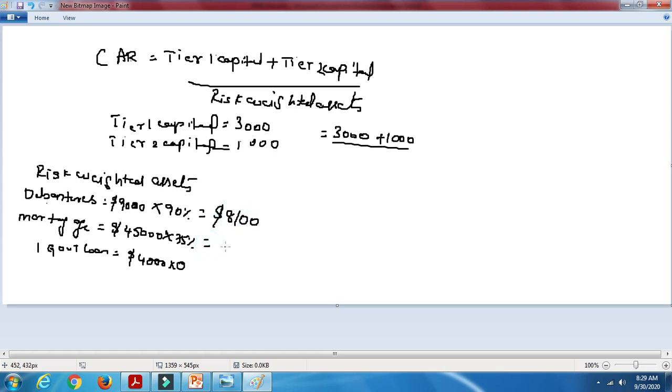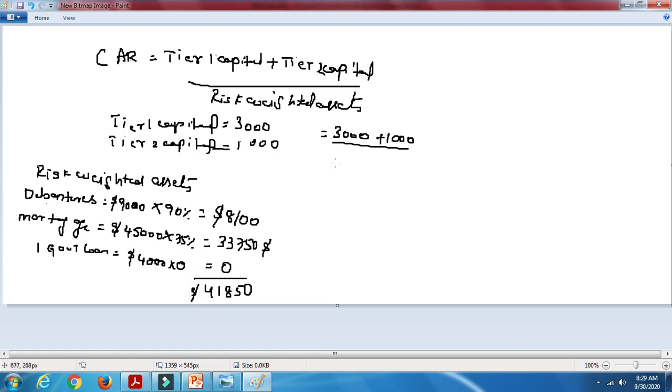Next is 45,000 into 75%, $33,750. And this is basically 0. So you need to add them. It will come to $41,850.